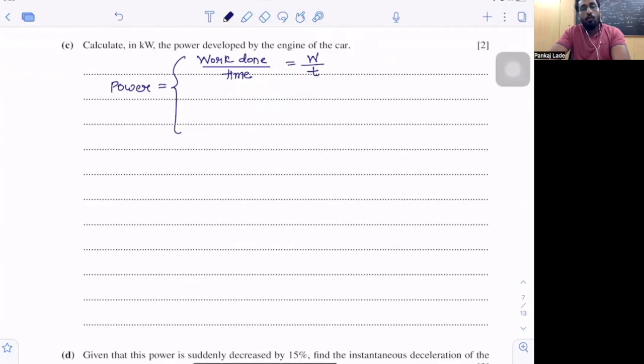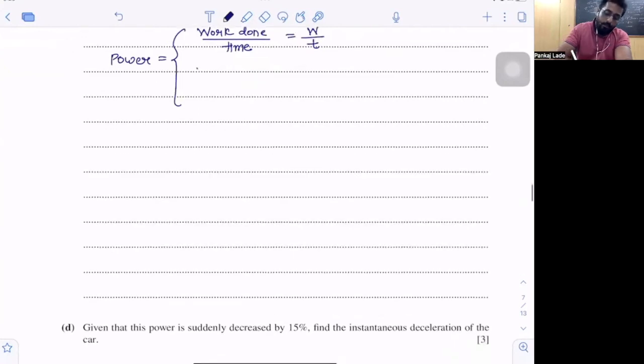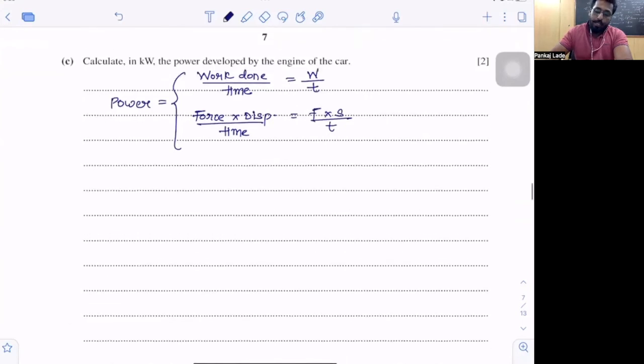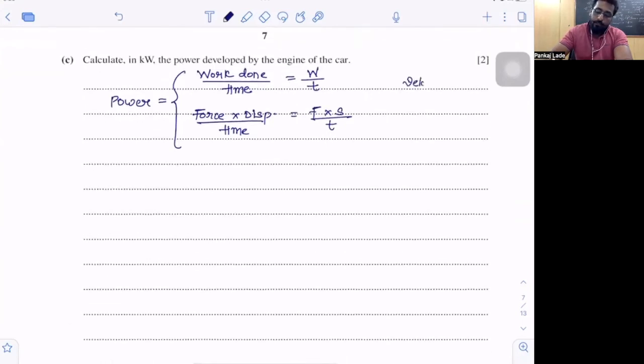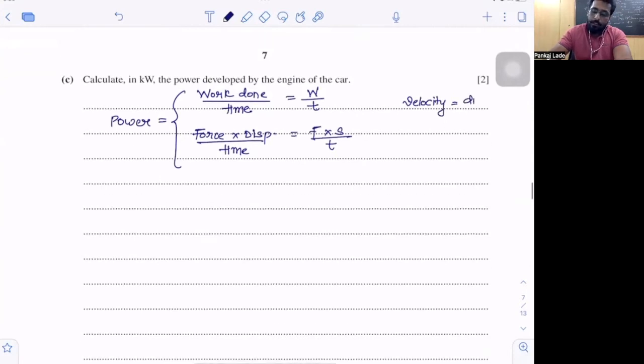Very simple. Now you know that work done is force into displacement. So I can write here force into displacement divided by time. Force is F, multiplied with displacement S, and time is T. So F into S divided by T. Now, do you know that velocity is displacement upon time?